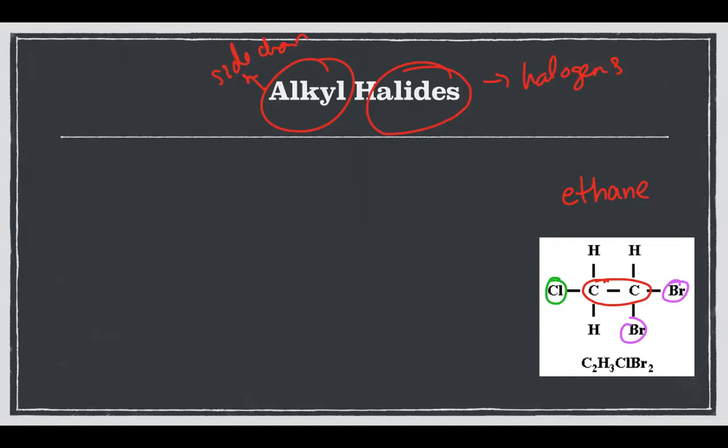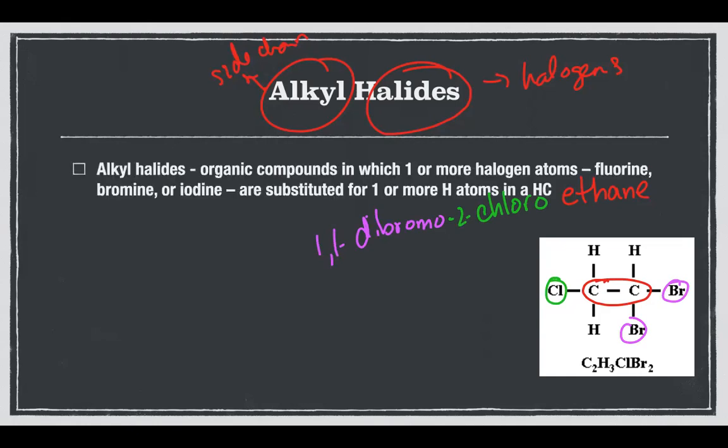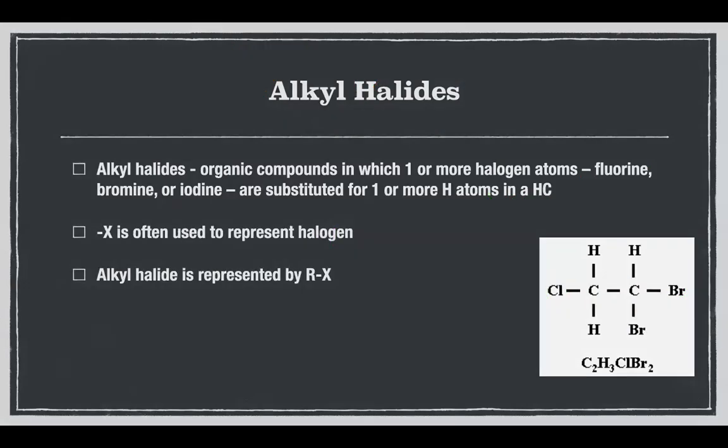So chlorine comes after, so it's chloro and dibromo. And then you number them. So you do 1,1-dibromo-2-chloroethane would be that one. But that's not what I wanted to focus on, because you guys have already figured out how to do that. But now you know they're called alkyl halides.